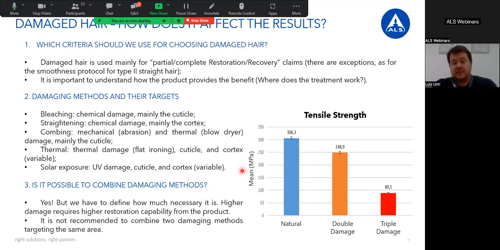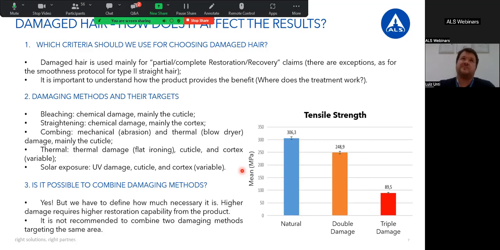The other thing that we also have to keep in mind, to discuss, and to analyze before we start instrumental testing is the damage or the condition in which we want to test the hair type. Basically, we use damaged hair to sustain claims like restoration or recovery.